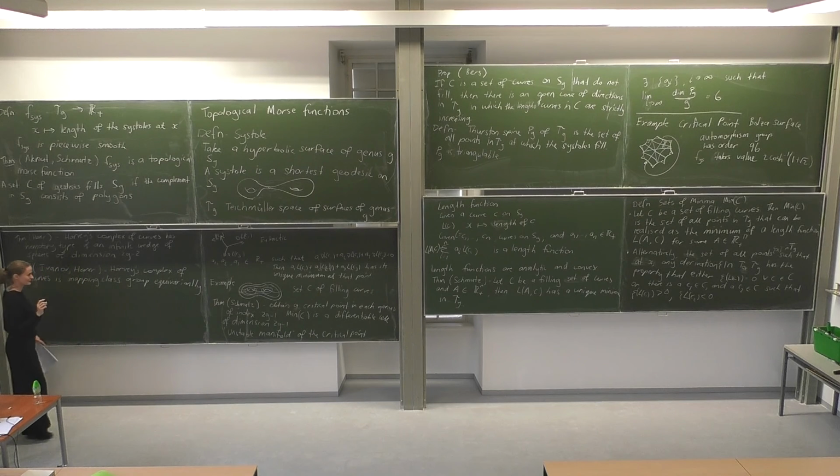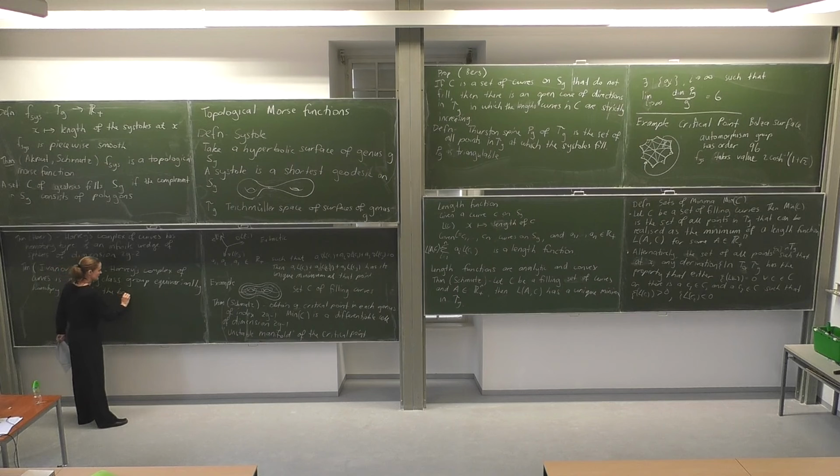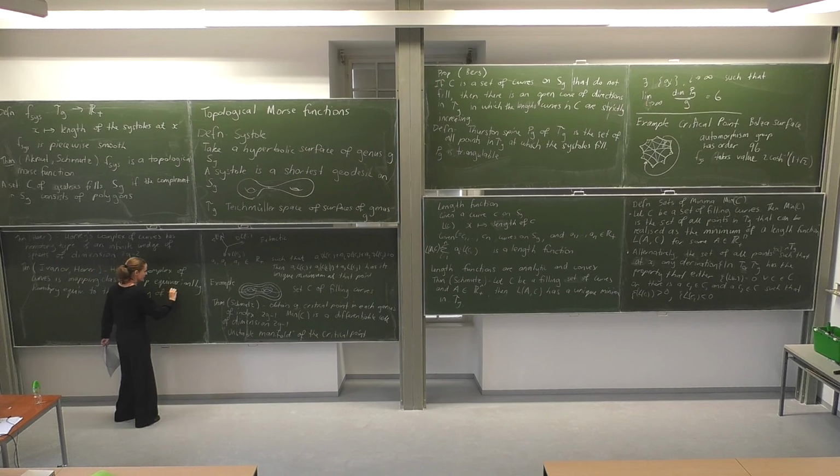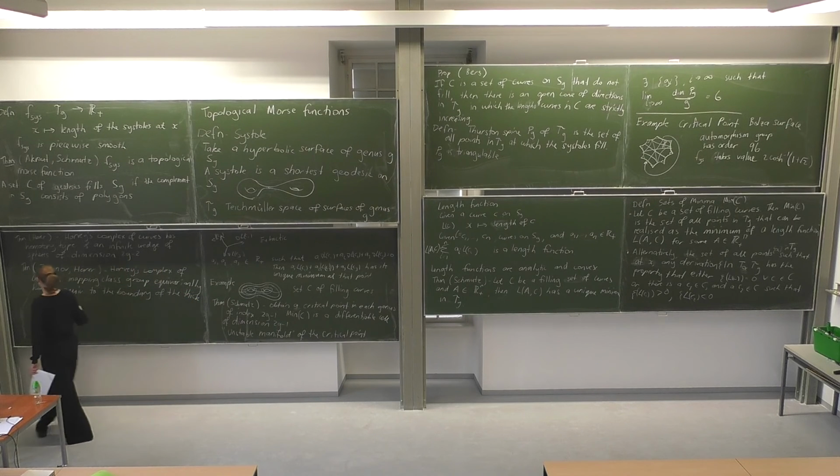Yes, okay. Let me write this down and then I'll do that. Mapping class group equivariantly homotopy equivalent to the boundary of the thick part.